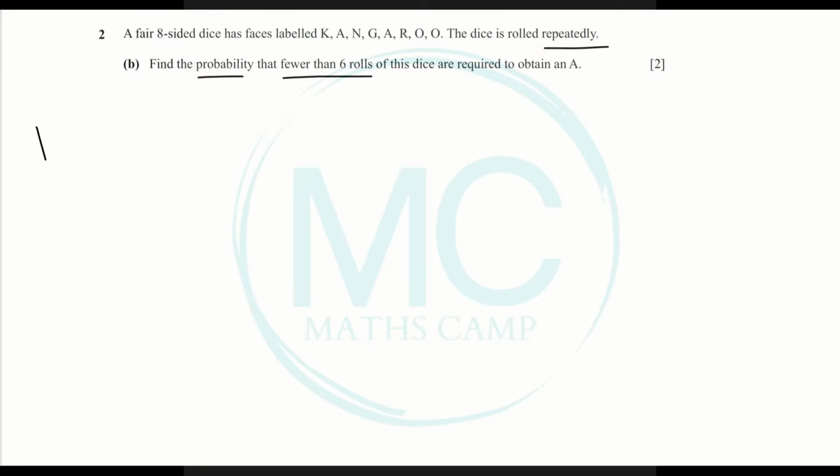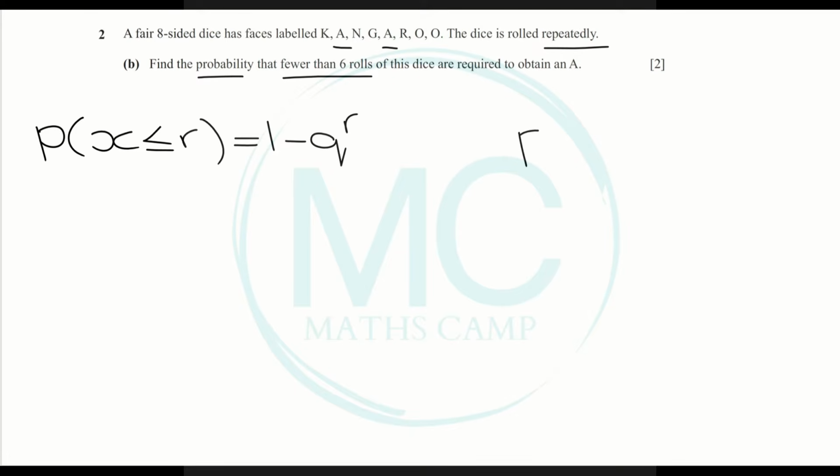So we're going to use the formula, the probability that X is smaller than or equal to R is equal to 1 minus Q with an exponent of R. This formula is not in your formula sheet, so make sure to learn it. To find Q, we need P, and P is the probability of rolling an A. Out of our 8 letters, we have 2 A's.